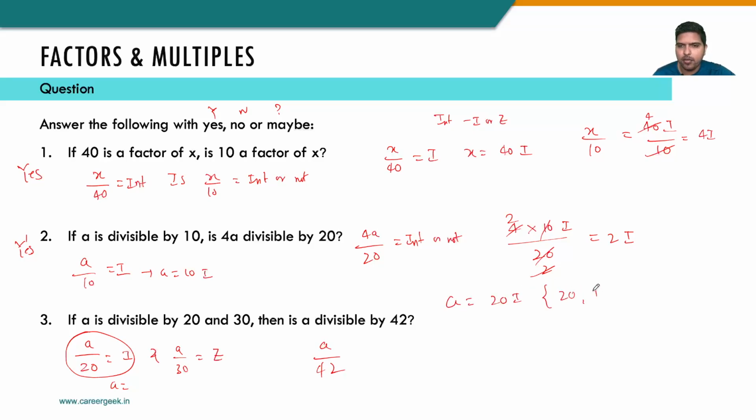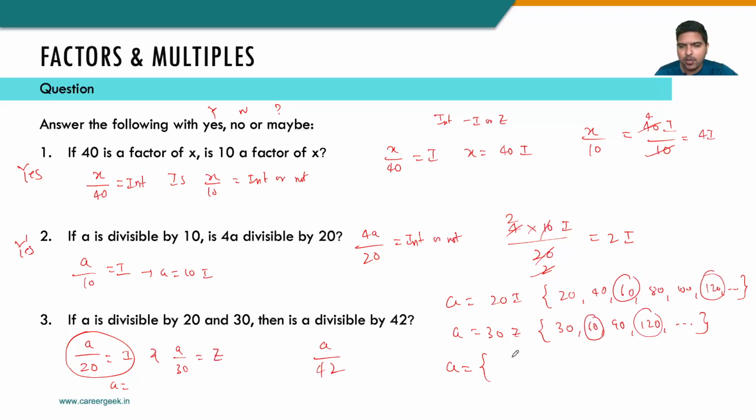So 20, 40, 60, 80, 100, 120, and so on. And a can be 30z, which is multiples of 30: 30, 60, 90, 120, and so on. Because a has to be divisible by both of these, a can take only the common values. So what are those common values? The first value I can see is 60. Then 120. So a can take 60, 120 in the gaps of 60, so 180, and so on.